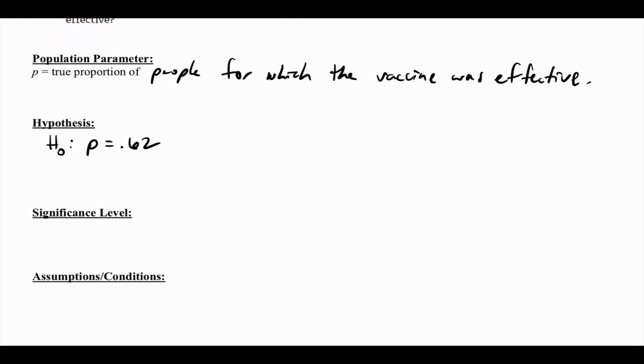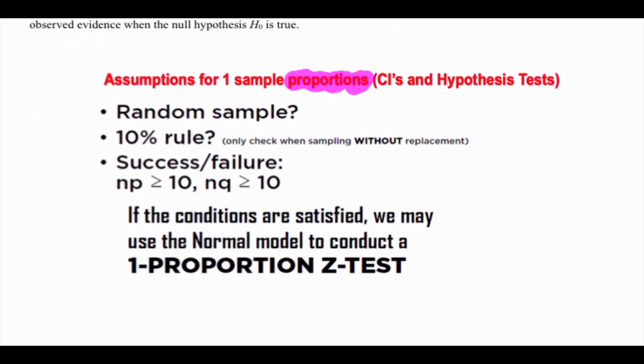True, the null is always equal to. The alternative is the one where it's greater than, less than, not equal to. Which one of the three options from earlier is this one going to be?